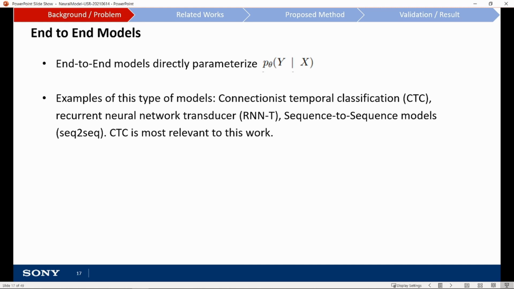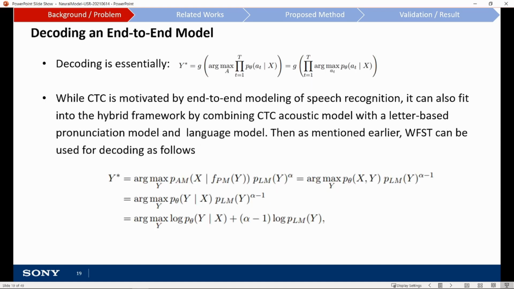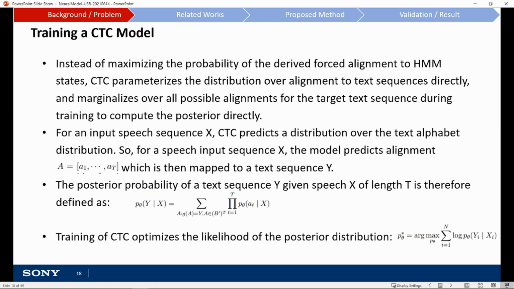Unlike the hybrid models that I mentioned before, end-to-end models directly parameterize the conditional distribution of text given speech. So these are examples of such models. I'll briefly go over CTC, as this is the most relevant to this work. Instead of maximizing the probability of derived forced alignment to hidden Markov model states, CTC directly parameterizes the distribution of alignment to text sequences.